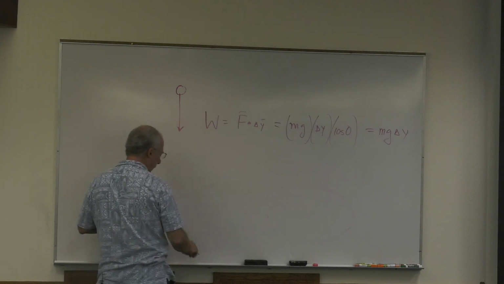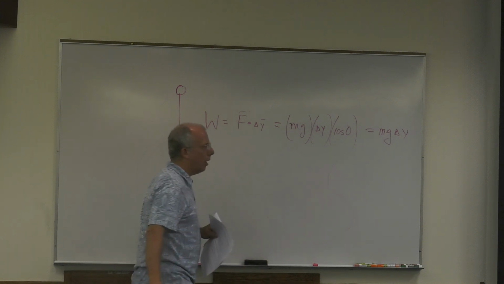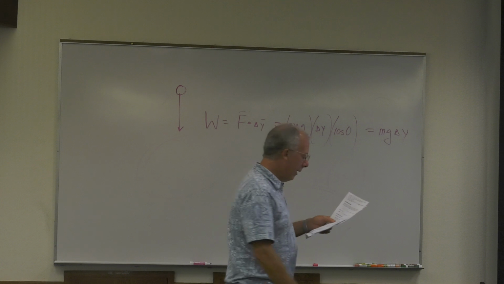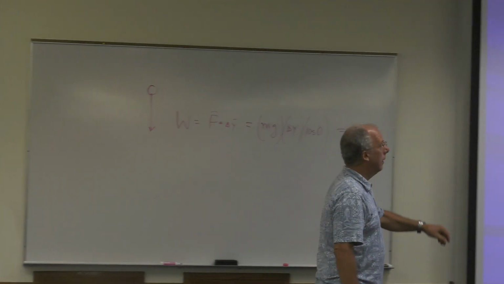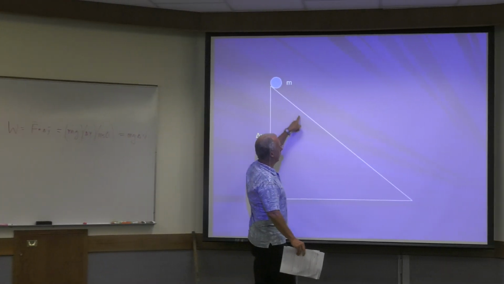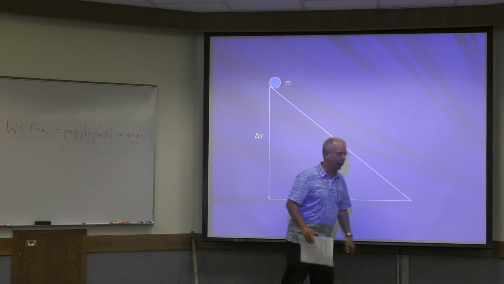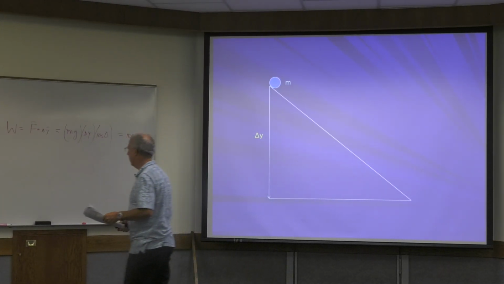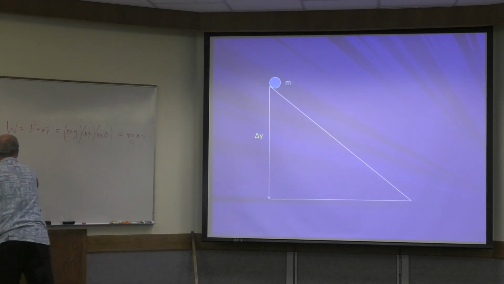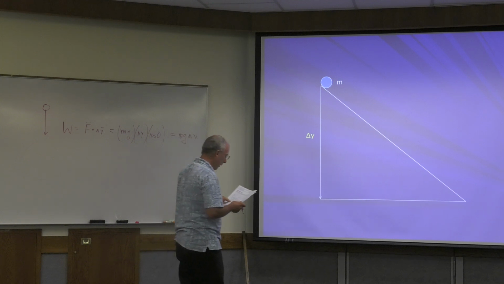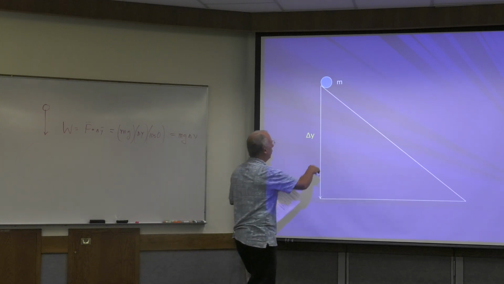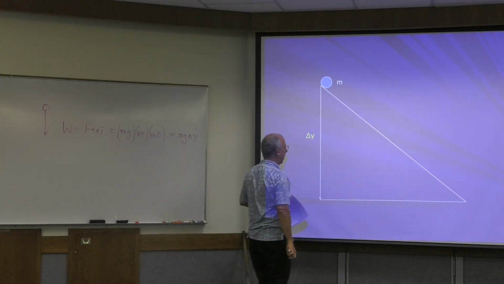Now let's get a bit more complicated. Instead of just dropping the thing so it goes straight, let's have it go down an inclined plane. Same question: what is the work that Earth does on the object when it moves a vertical distance, delta y?